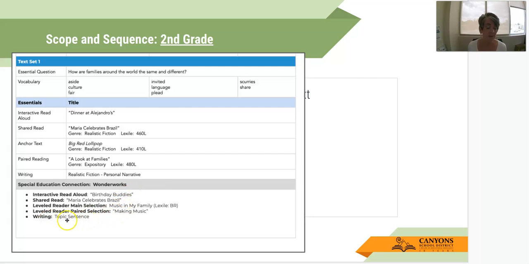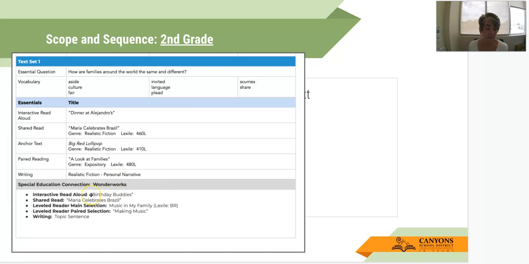So in writing, they're going to be learning about topic sentence, which will really help you with those components. If they're in their leveled readers, which are used as their main selection, they're learning about families and music, which also goes along with these pieces about families that you've been talking about.